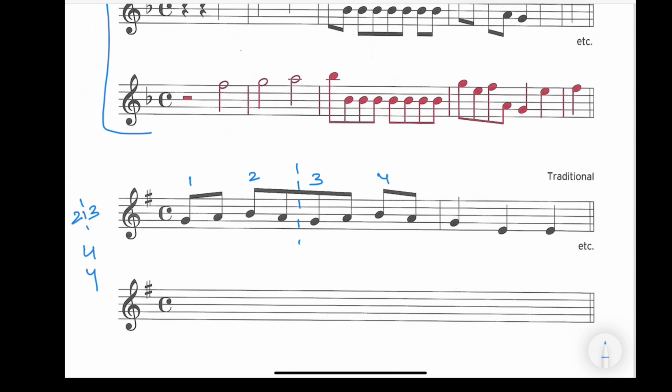So we start here. We can write these four notes together, or you can write them separately as well. There's no problem. Then you go here.